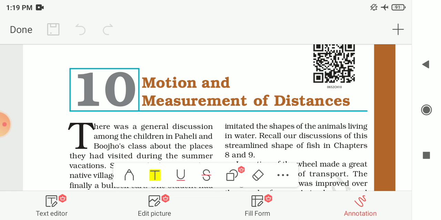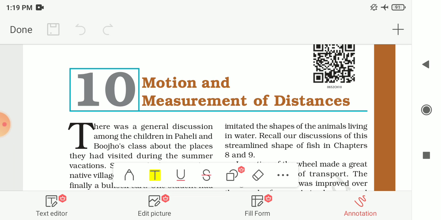In the previous videos of this chapter, we had seen that long ago people did not have any means of transport and they used to move only on foot and carry goods either on their back or using animals. For transport along water routes, they were using boats in ancient times.